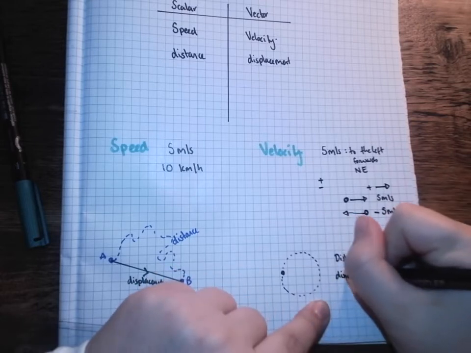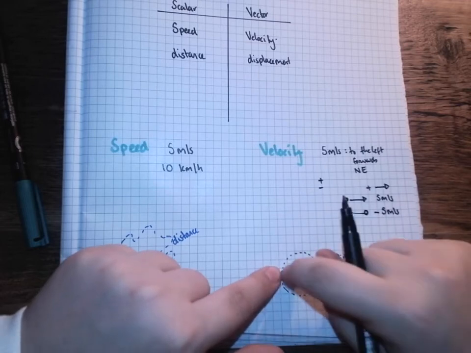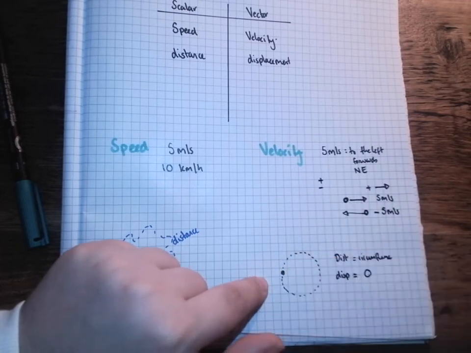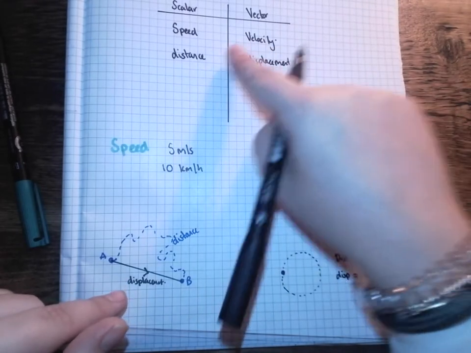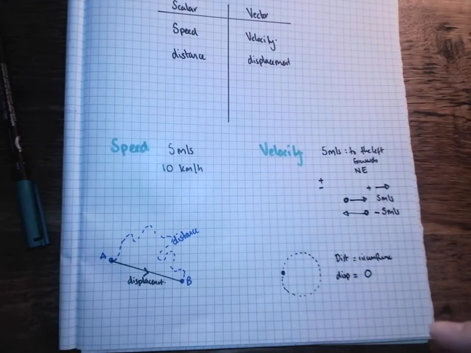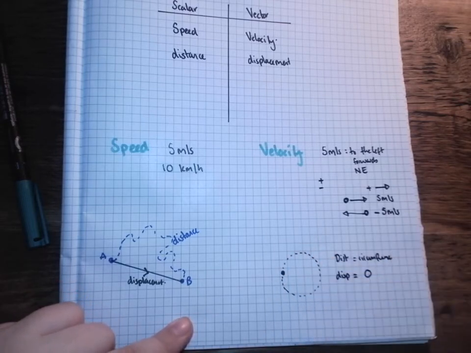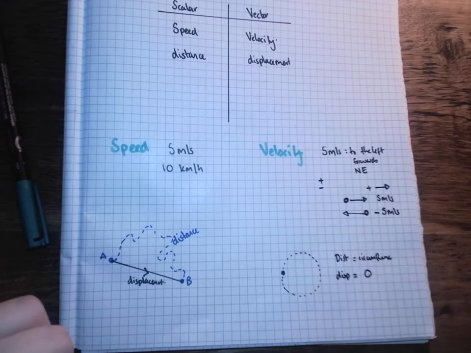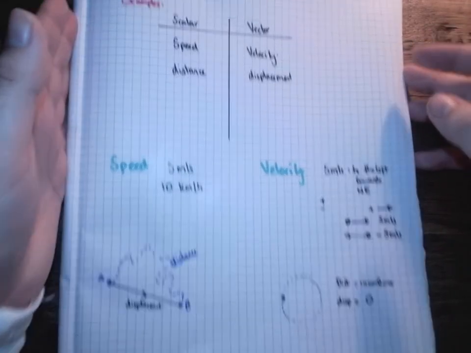Their displacement is going to be equal to 0 because they have gone all the way around and ended back in the same spot. They have displaced nothing. So the vector version of distance is displacement, because that takes into consideration the direction in which they have gone. We'll come back to that problem later on when we do acceleration, and we talk about why things accelerate, for example, in a circle.